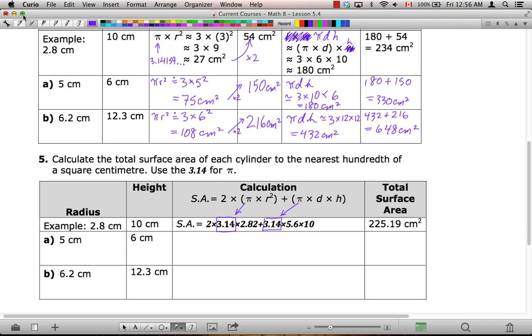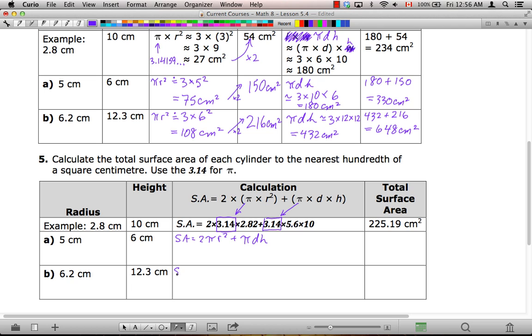Alright, so to calculate the surface area exactly, you are going to do surface area equals 2 pi r squared plus 2 pi r h, or pi times the diameter times height.